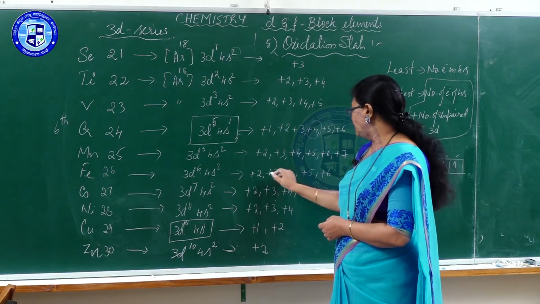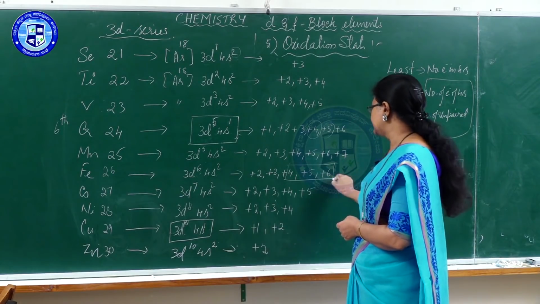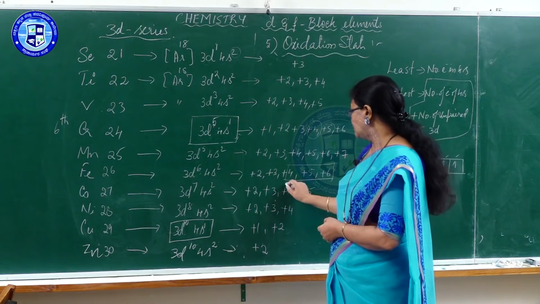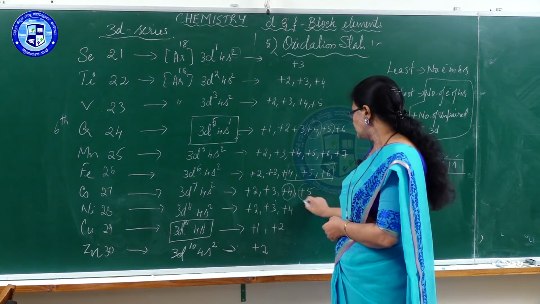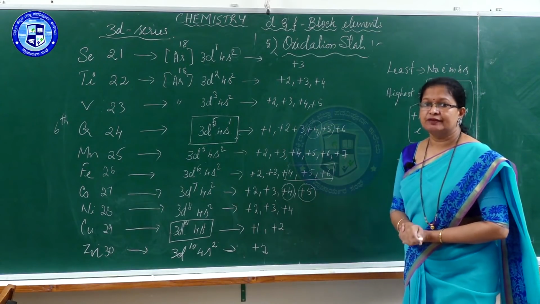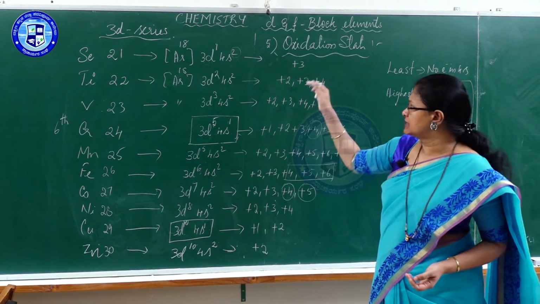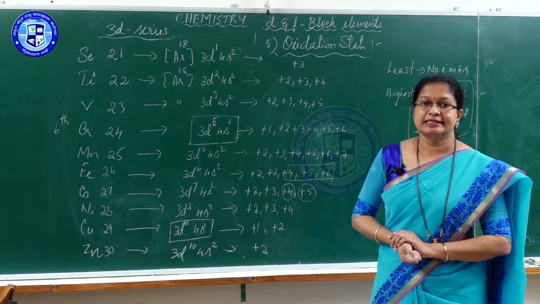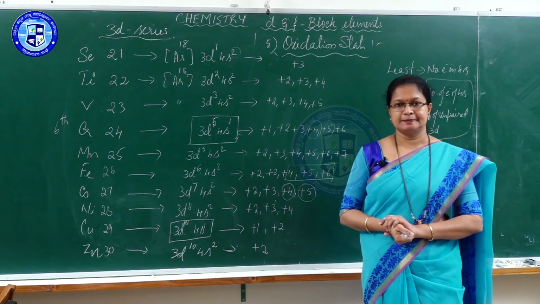Iron can show +2 and +3; +4, +5, +6 are not seen in iron. Cobalt also, +4 and +5 oxidation states are not seen in cobalt. These are some oxidation states which are not experimentally possible. This is just the theoretical assumption that all these oxidation states are possible for these elements.